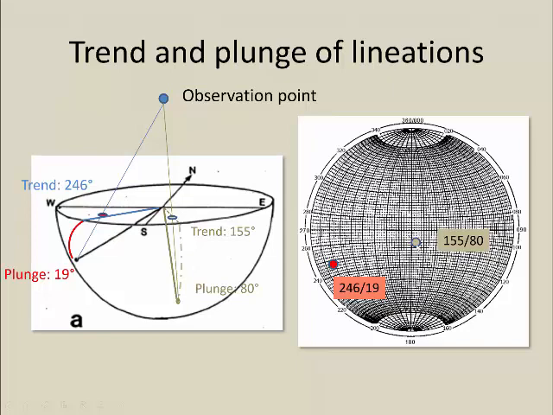This point represents this intersection point. So we can learn from that steeply oriented lineations plot closer to the center of the Stereonet than lineations that are more shallowly inclined. Lineations that would have a plunge of 45 degrees would plot halfway between center and perimeter.